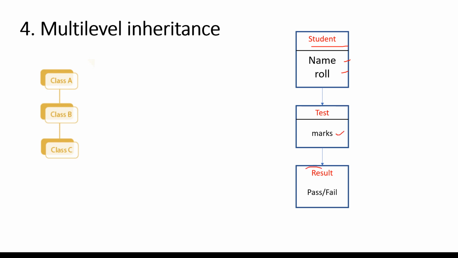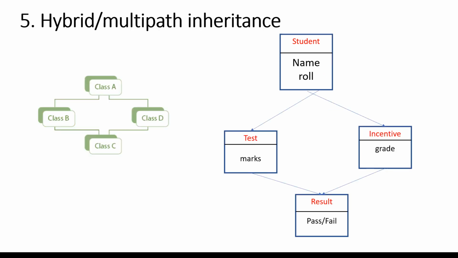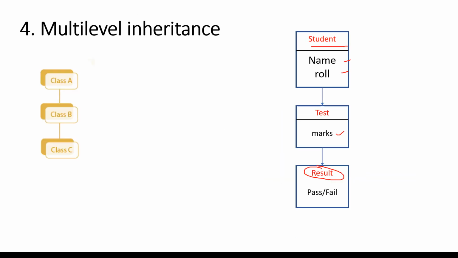And finally the third class is result class, which will decide whether you are pass or fail, right? So in the similar way you can do its programming. You will derive test from student, then result from test.